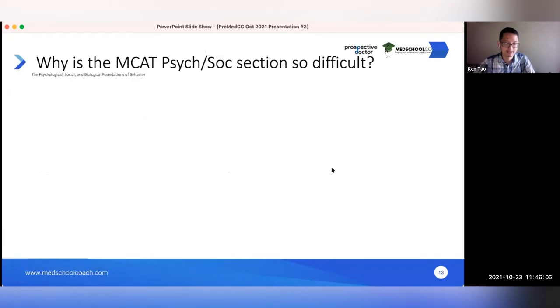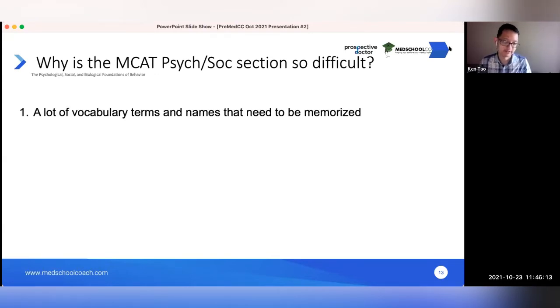All right, let's move on from BioChem. Last section, Psych/Soc. Why is the MCAT Psych/Soc section so difficult? Well, number one, it's got a lot of vocabulary terms and names that need to be memorized. For a lot of students, they like to think of the Psych/Soc section as being the easiest section of the exam.